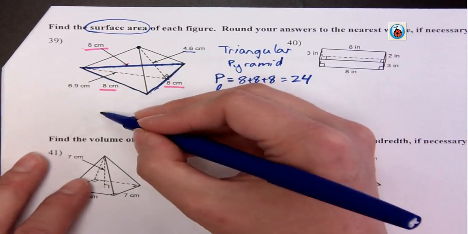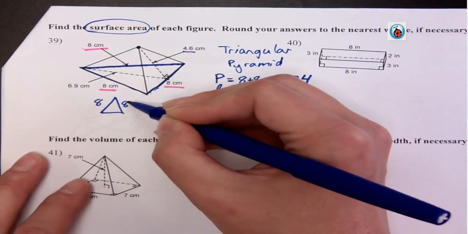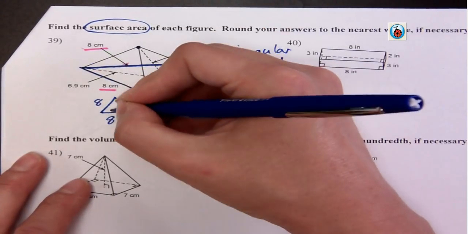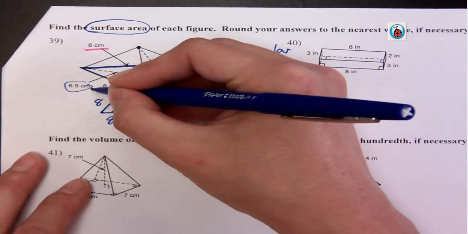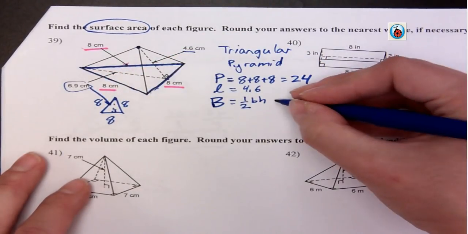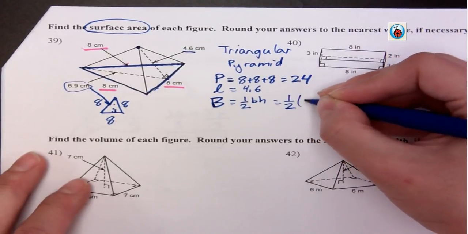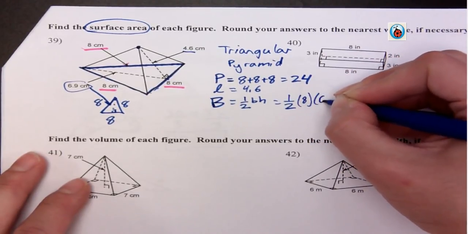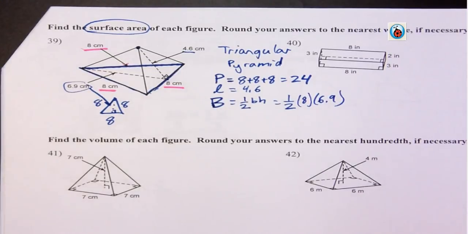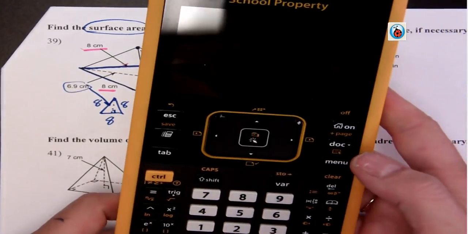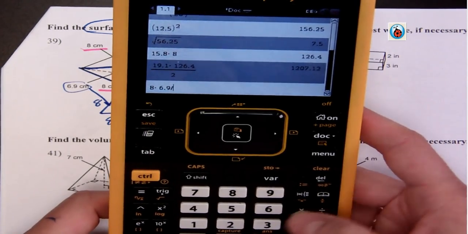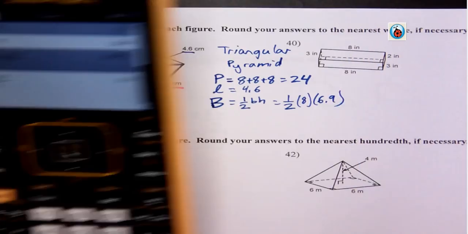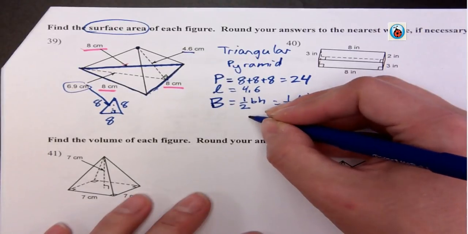And so I look at this little triangle here, which is 8, 8, 8, and then that middle height, which is the right angle, of 6.9. And so that equals 1/2 of 8 times 6.9. And I type that in as 8 times 6.9 divided by 2 and get 27.6.